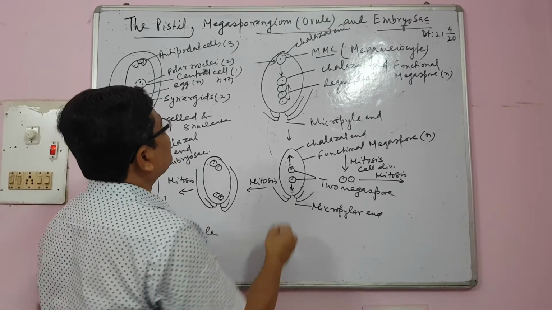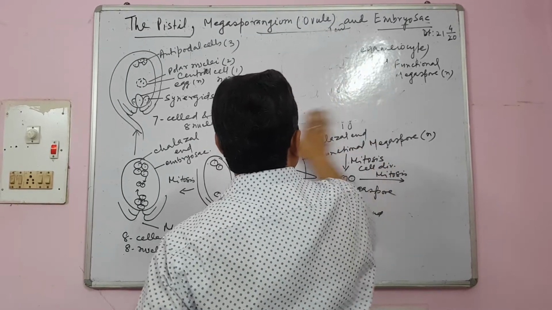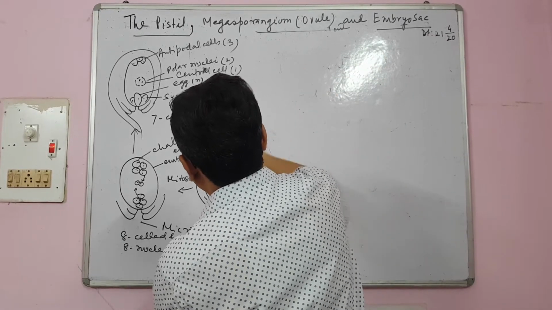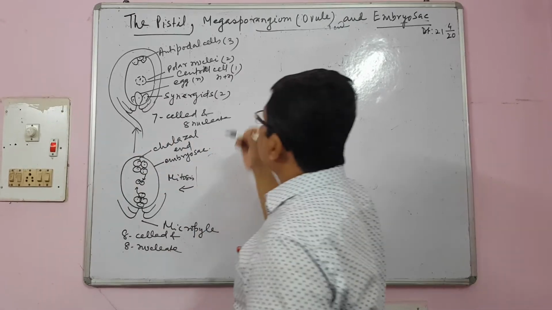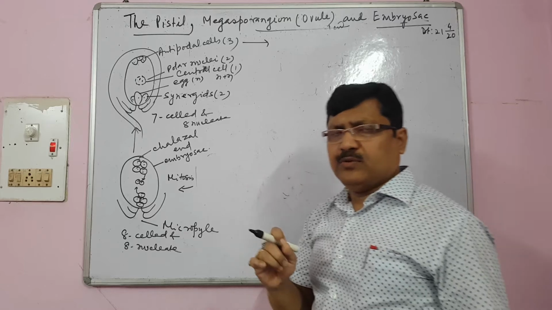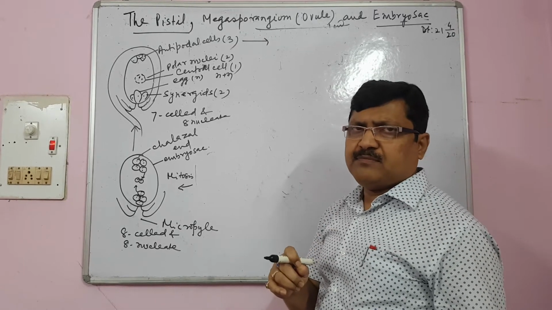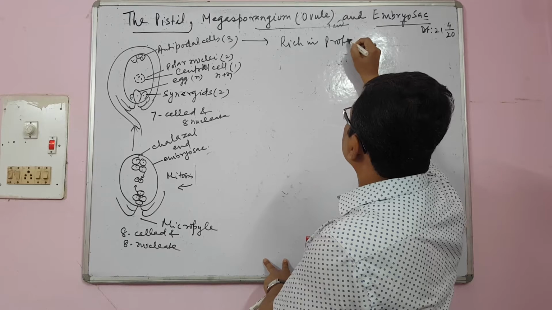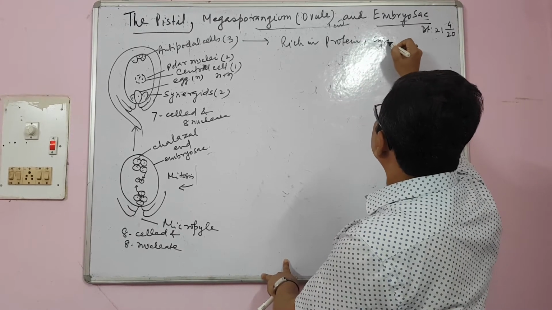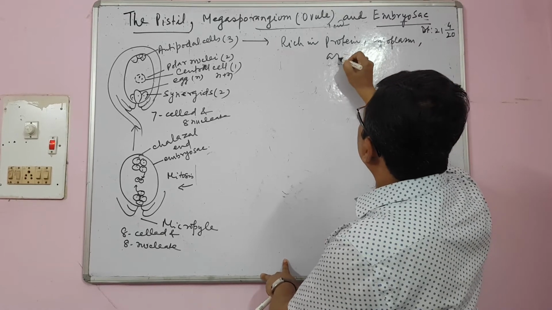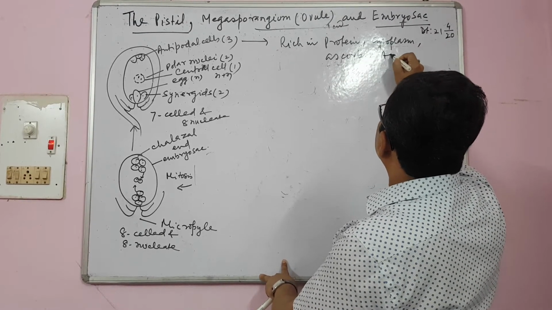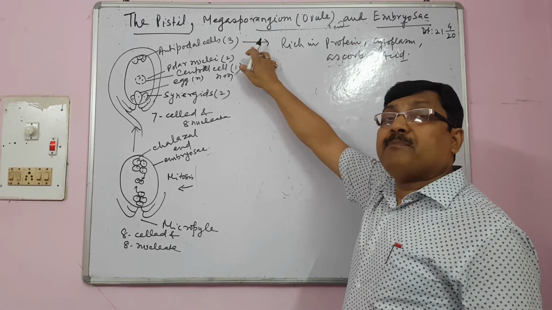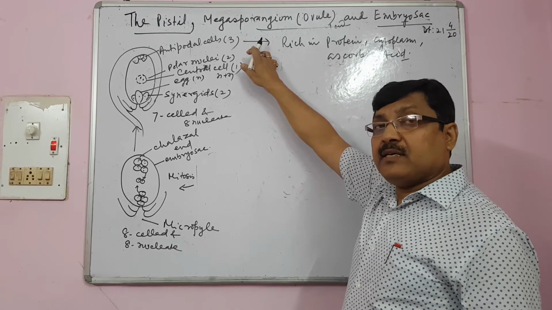To discuss the role of each one: the antipodal cell is also very rich in cytoplasm, protein and ascorbic acid, and plays a very important role in the development of the embryo as well as endosperm.